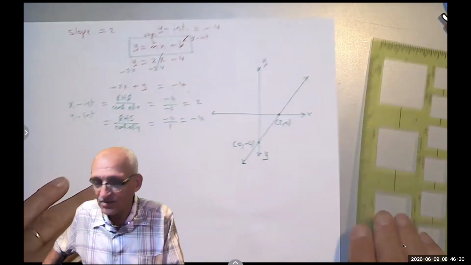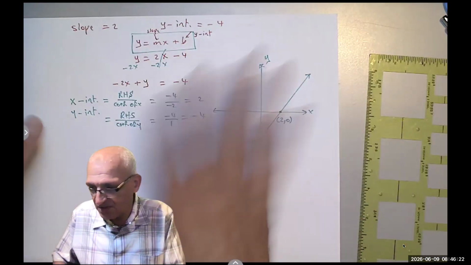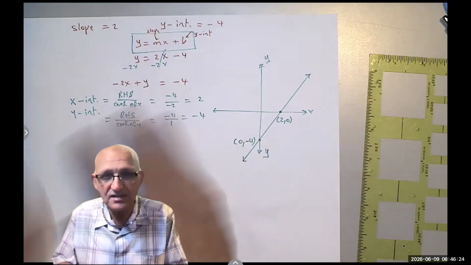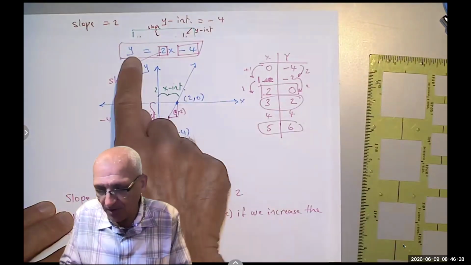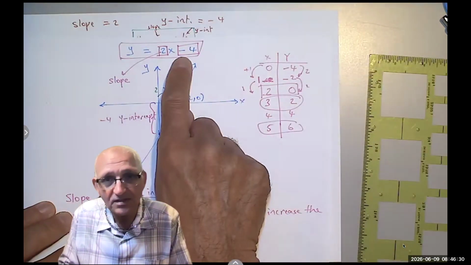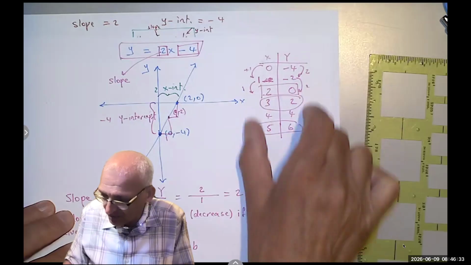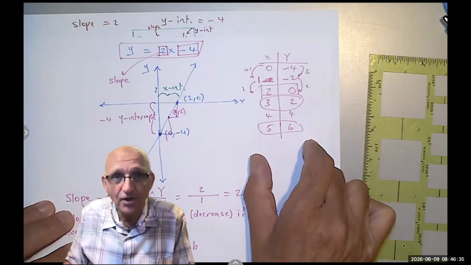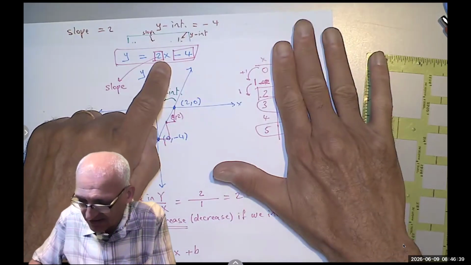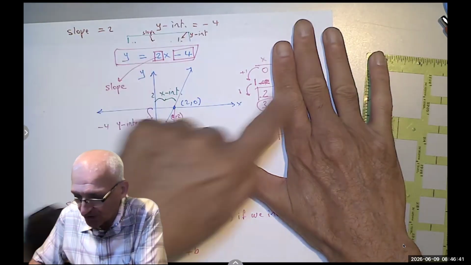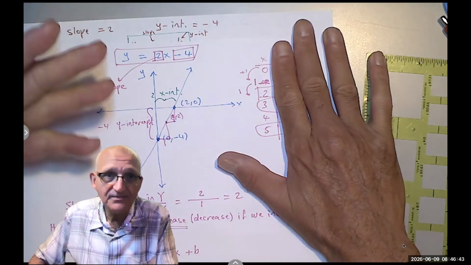I think this was a little too long because I wanted you to understand the ways you can get a problem. You can get a problem like that and we tell you to plot it, or we can give you a table and tell you to plot it, or we can give you the equation and some values of x and tell you to find the corresponding y's, then plot it, and so on.